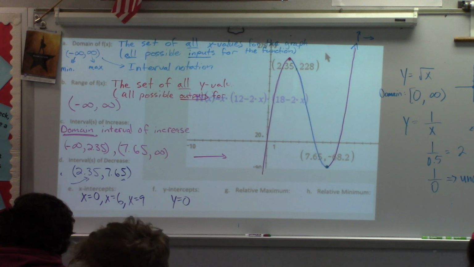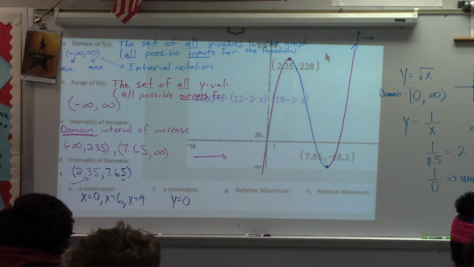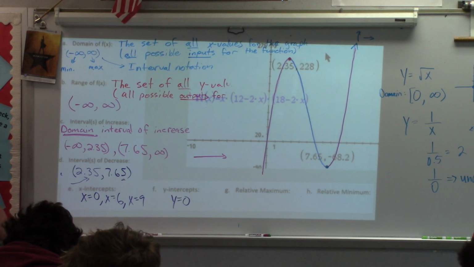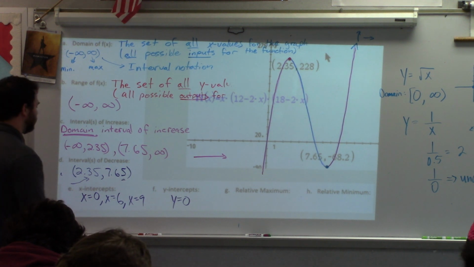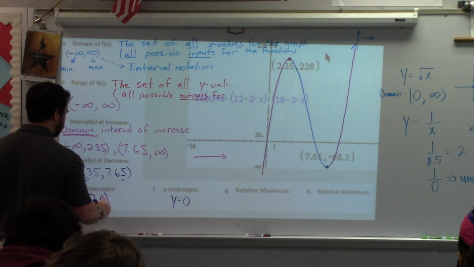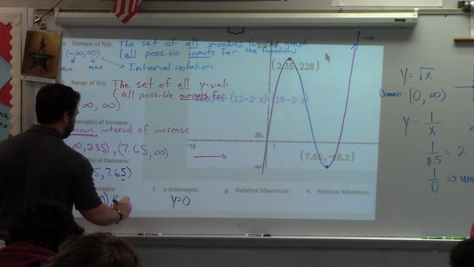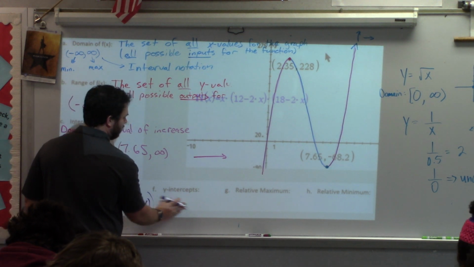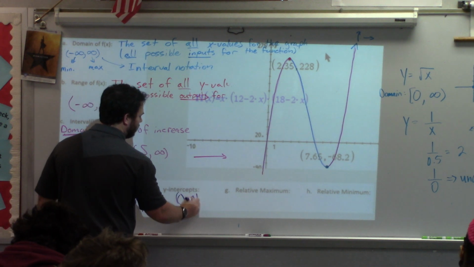Those are zeros, not x-intercepts. Are those zeros connected to the x-intercepts? Yes, but how do we always write x-intercepts? As a point, right. So I needed 0, 0, 6, 0, and 9, 0.